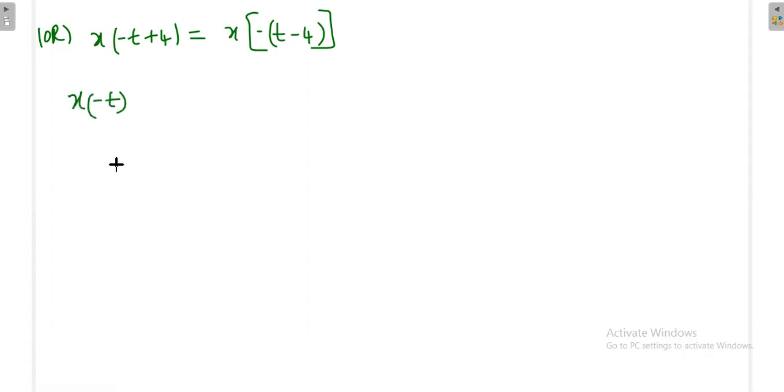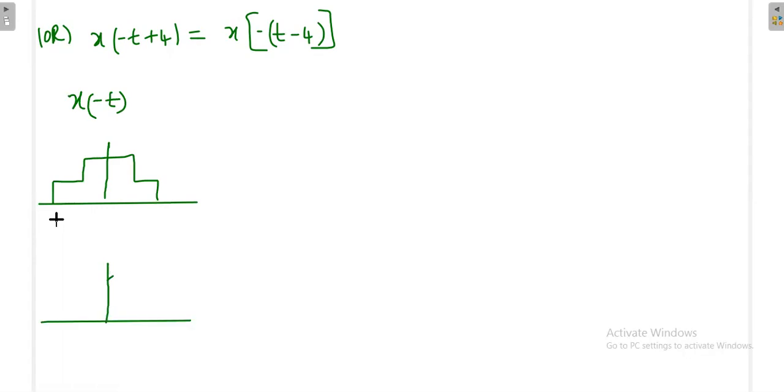Once it is x of minus t, the diagram will remain the same. First I'm applying the minus, then next I'm applying the shift. For t minus 4, definitely the shift will be towards right because t naught is positive.